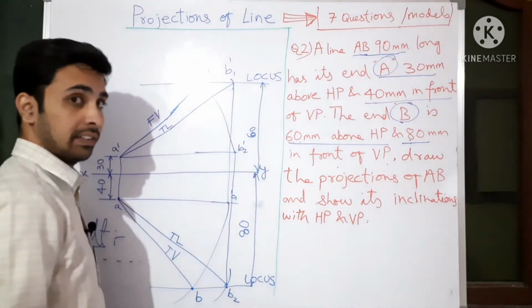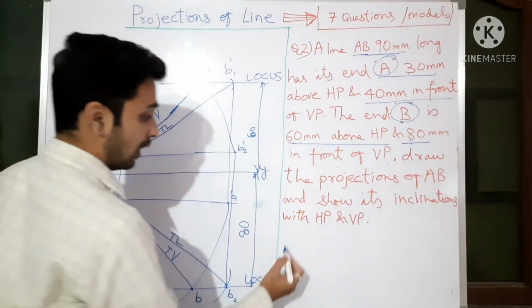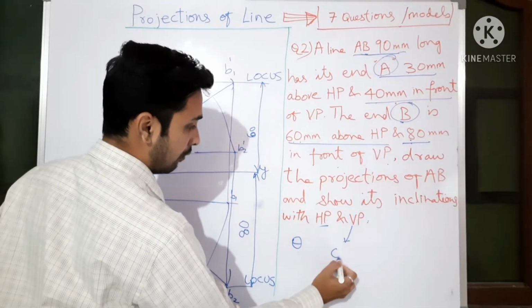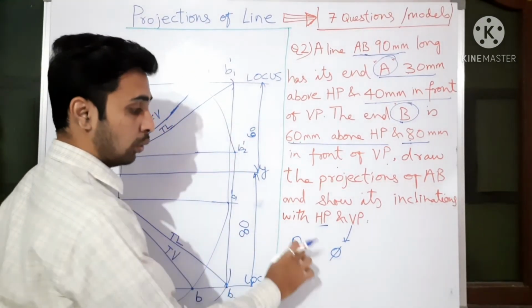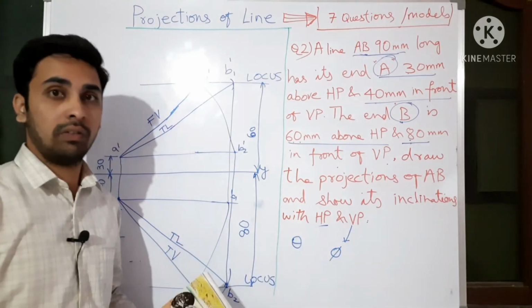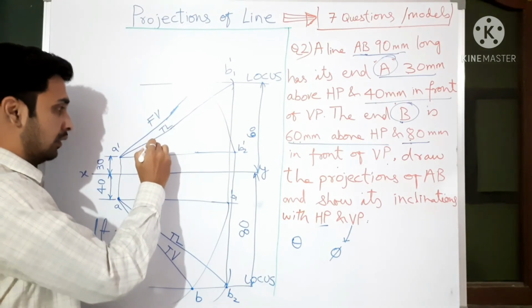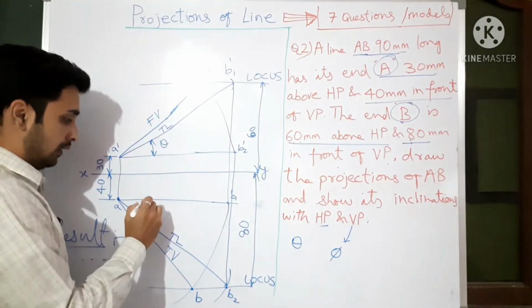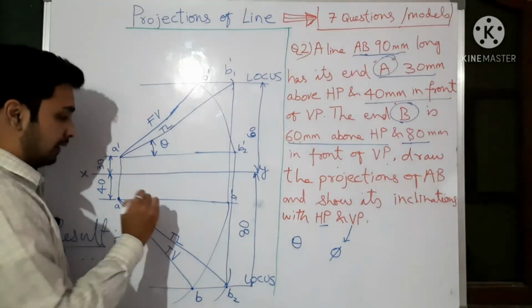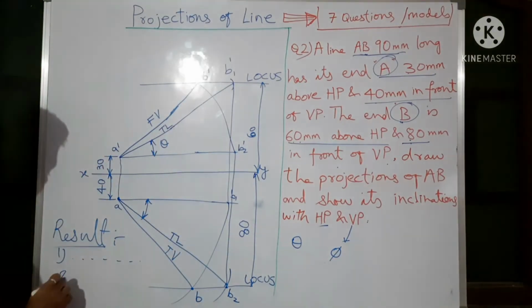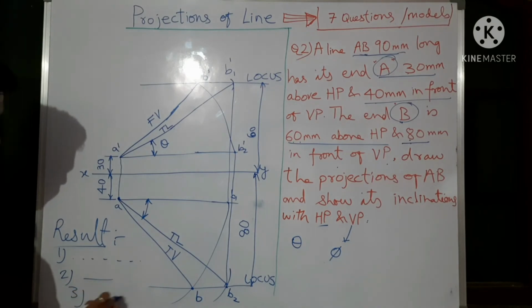As I said in the previous class, the inclination with HP is theta and the inclination with VP is phi. These two are called true inclinations, and they are taken with true lengths. So this is theta, this is phi. Measure these.